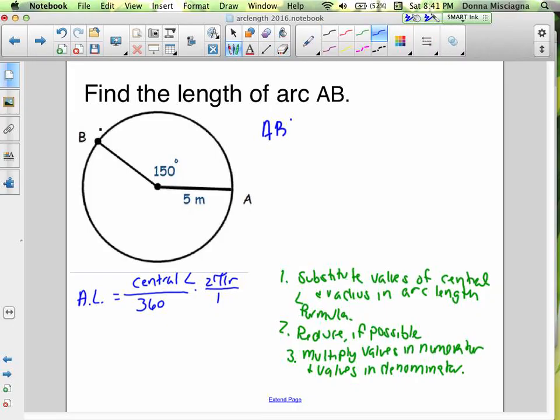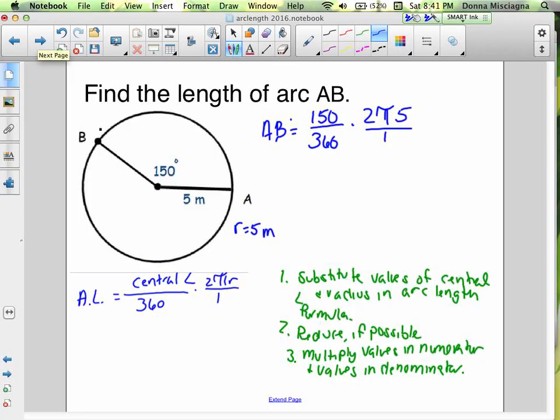So the length of AB is equal to the central angle, which is 150 degrees, over 360, times the formula for circumference, which is 2 times pi times the radius. We're given that the radius is 5 meters, so we can plug in 5 for the radius. And the 1 helps me keep the right things in the numerator and the right things in the denominator.